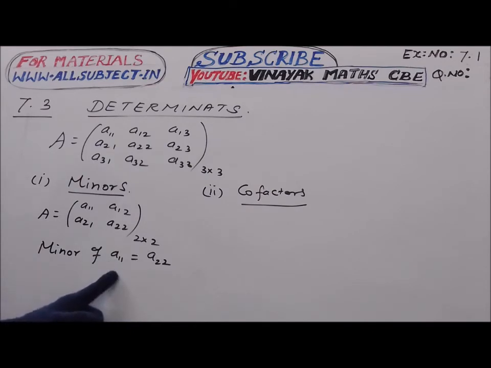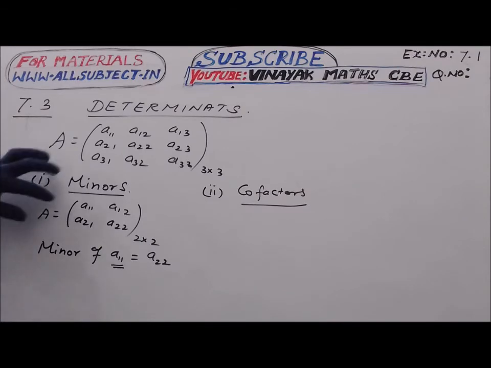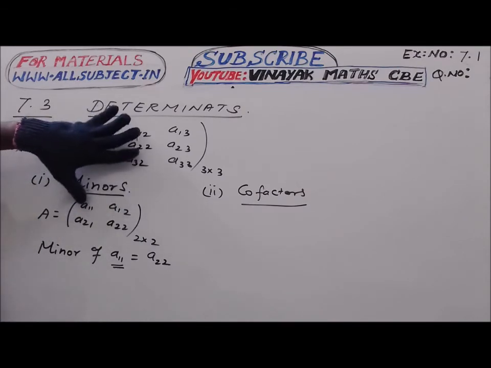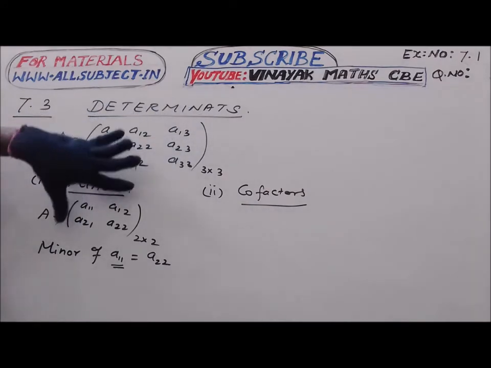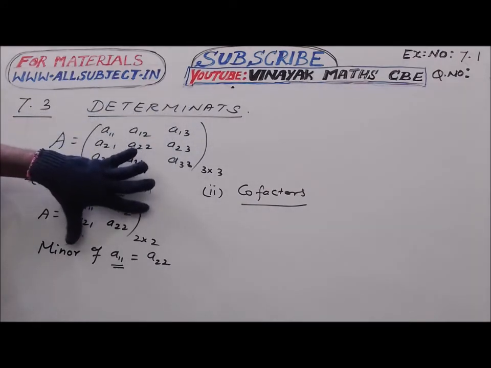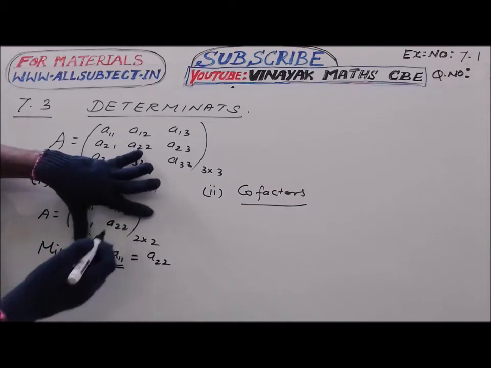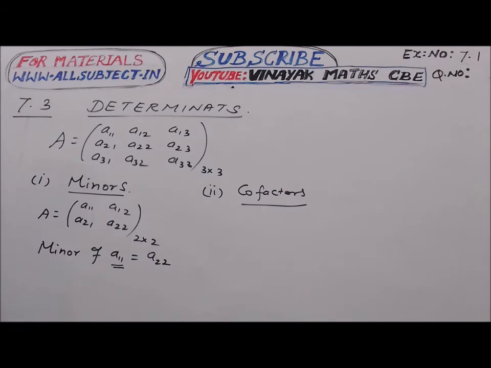The remaining element represents the minor of that particular element. Look here. Eliminate the row and column in which A11 is present. A11 is present in the first row, I have eliminated, and also in the first column. By eliminating the first row and first column, A22 remains. This A22 is the minor of A11.